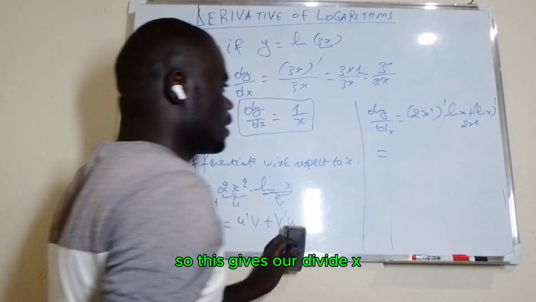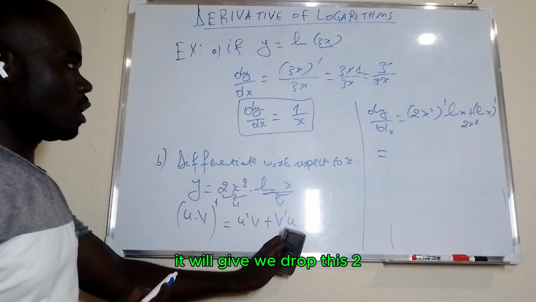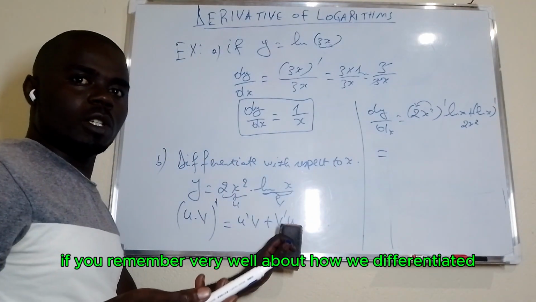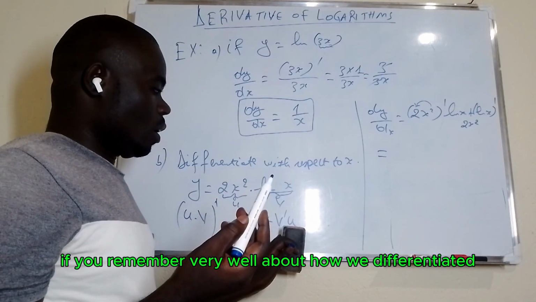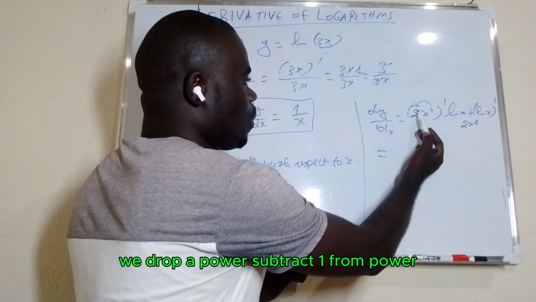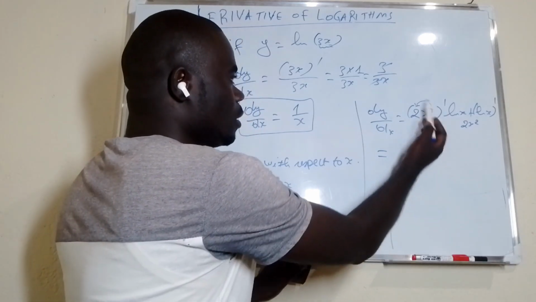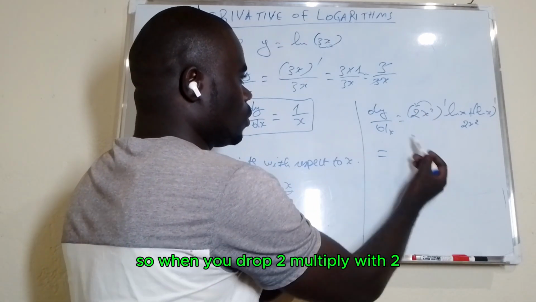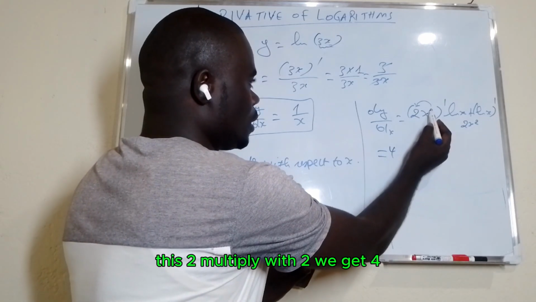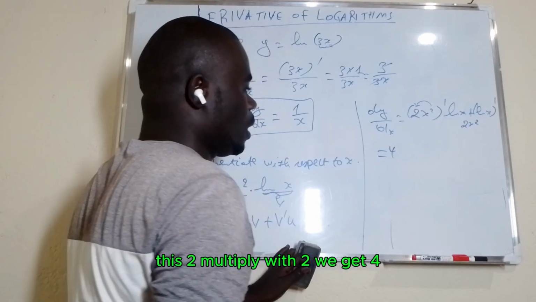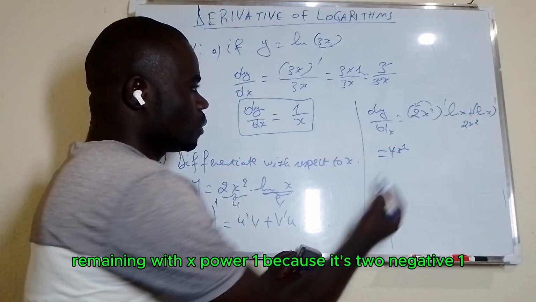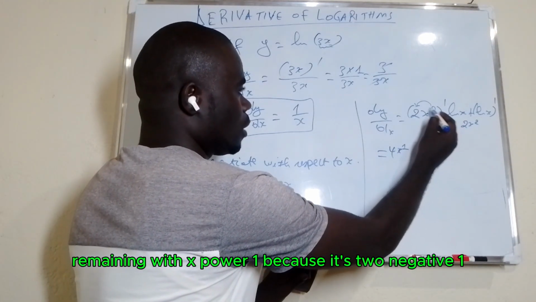If you remember how we differentiated polynomial functions, when you have a variable with a power, we drop the power and subtract 1 from the power. So we drop the 2 and multiply with 2, we get 4. We remain with x to the power 1, because it is 2 minus 1.